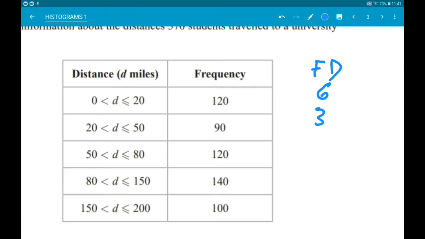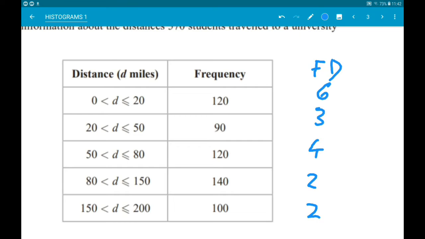Then we have 120 divided by 30, so that's 4. And then 140 divided by 70, so that's 2. And then 100 divided by 50 is 2.